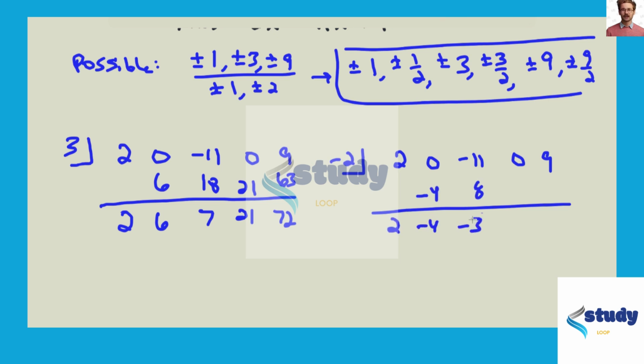It's not negative 2 because we're not alternating signs. We'll try negative 3. Drop down the 2, multiply, add, add, add, and we're alternating signs, positive, negative, positive, negative, positive.